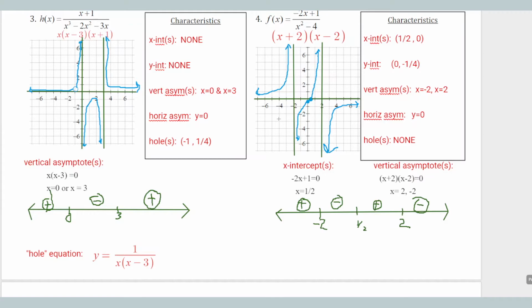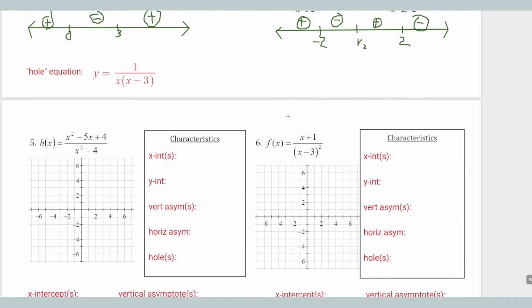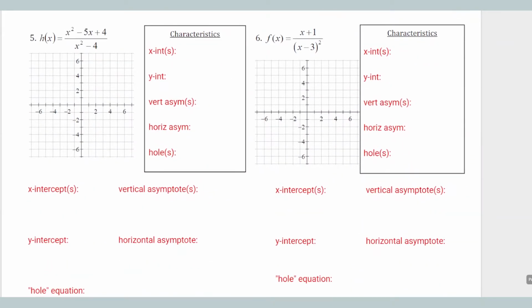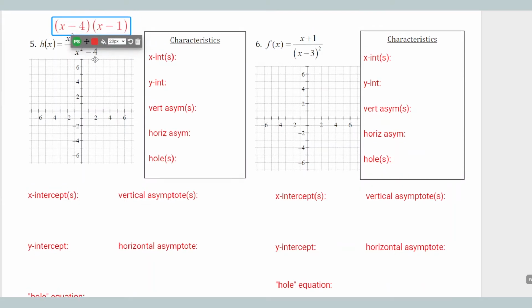Let's take a look at number 5. So with number 5, it looks like we got a difference of 2 squares on the bottom. Let's go ahead and factor everything first, just like we would normally do. The numerator is going to factor to be x minus 4 times x minus 1. And then the denominator is going to be x plus 2 times x minus 2.